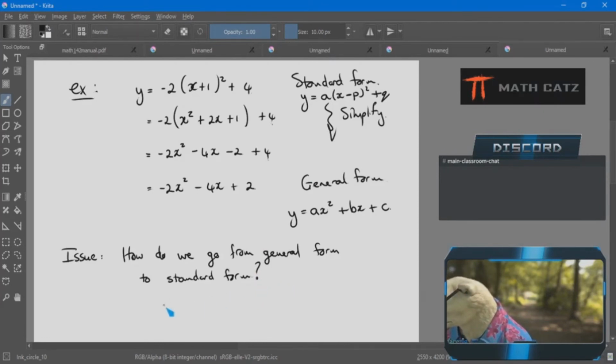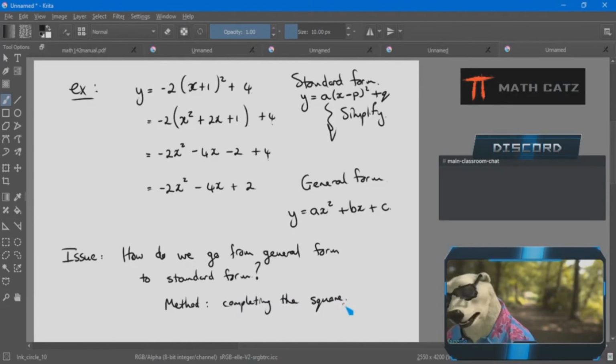That method that we'll use is called completing the square. Now, many people remember completing the square as something they have heard before, but that's pretty much where it ends. Not that you haven't done it, you simply may have found it quite unpleasant, and as a result, you blocked it out.